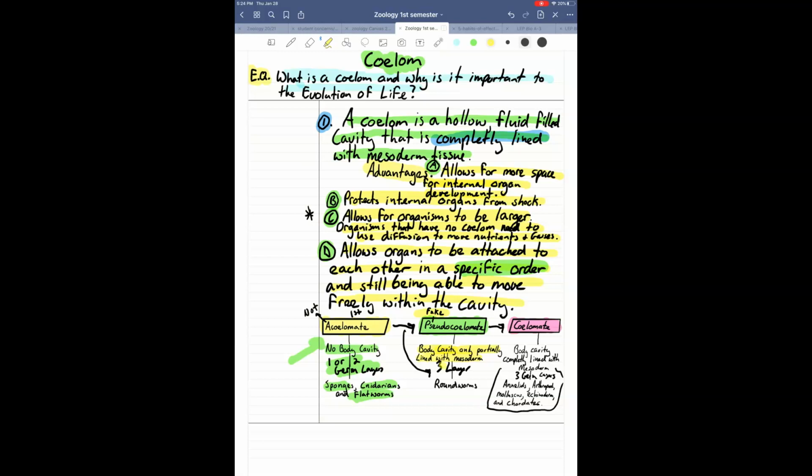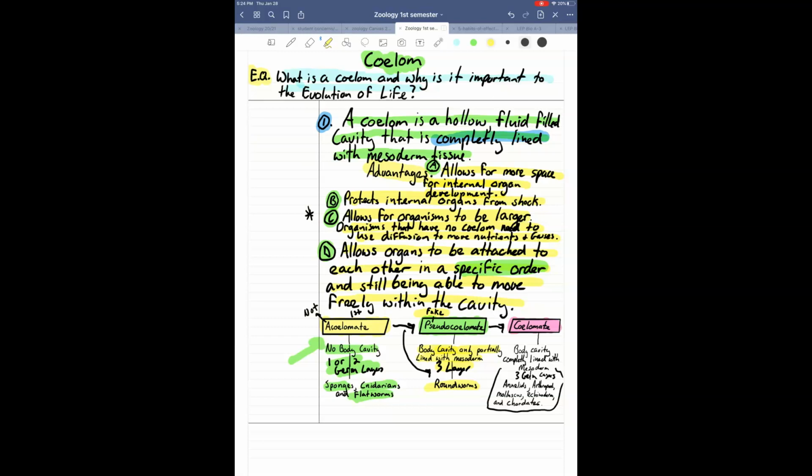So they do have three germ layers, and an example of a pseudocoelomate are roundworms. So examples of acoelomates are sponges, cnidarians, and flatworms. Of pseudocoelomates, roundworms, that we're getting ready to study about.